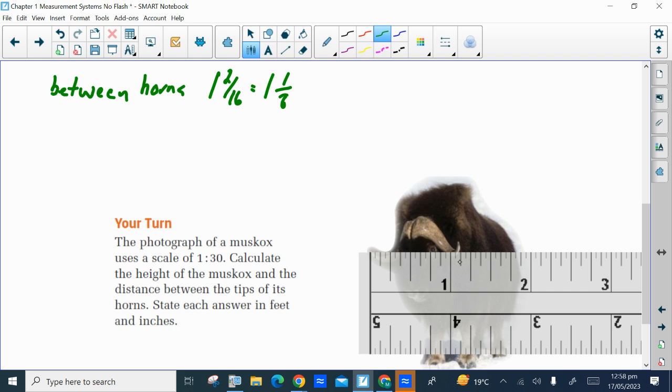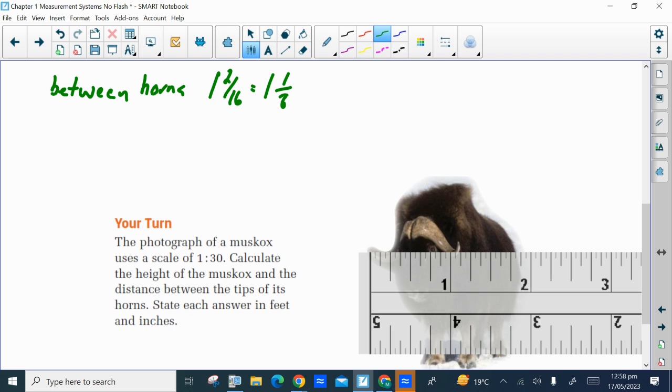The next largest line, a little bit longer than the 16th, represents an eighth. And then the next largest line represents 2/8, which is a quarter. This next line represents 2/4 or a half. The next long line is 3/4, and then the longest lines represent a full inch.